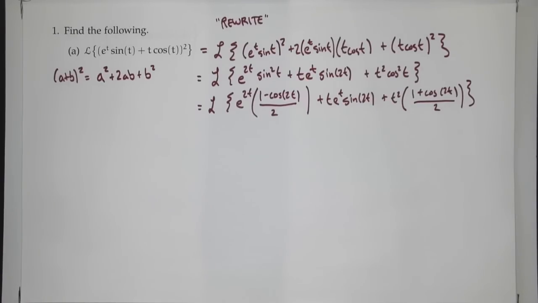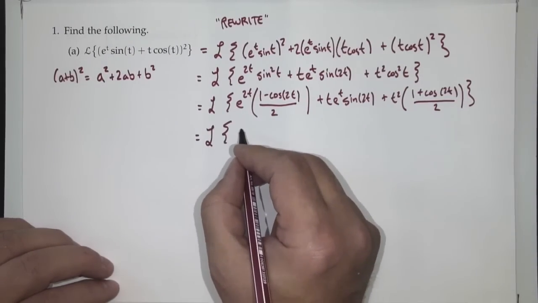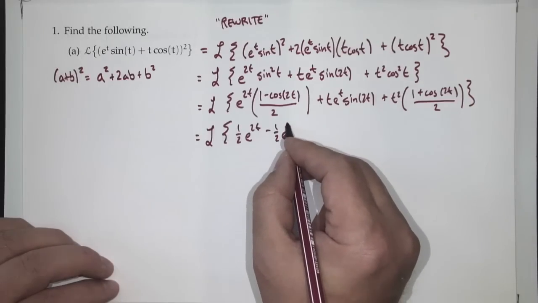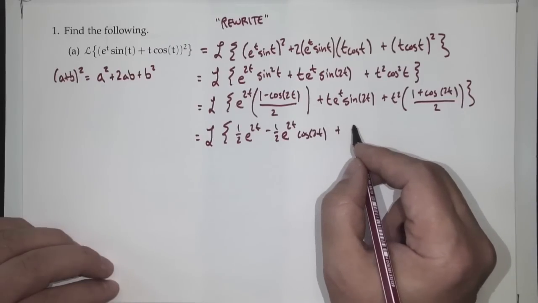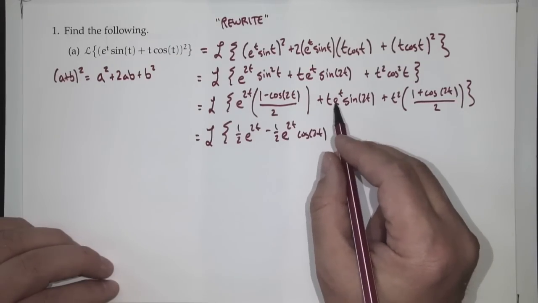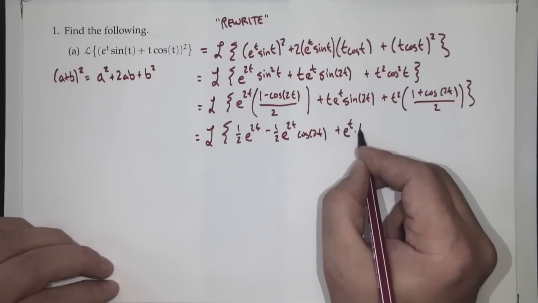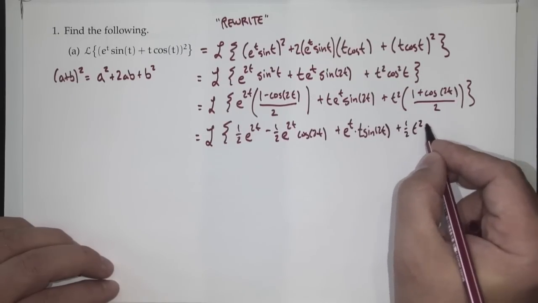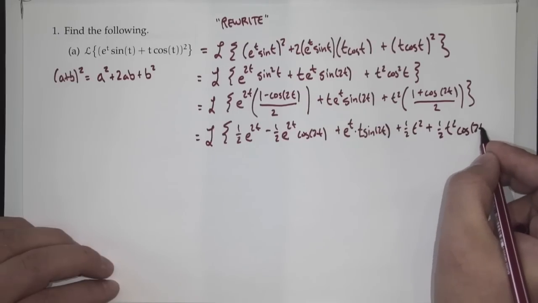Okay, so multiplying it out one more time, this is the Laplace transform of 1/2 e^(2t) minus 1/2 e^(2t) cos 2t plus, I'm going to suspiciously rewrite the middle term as e^t times t sin 2t, plus 1/2 t squared plus 1/2 t squared cos 2t.